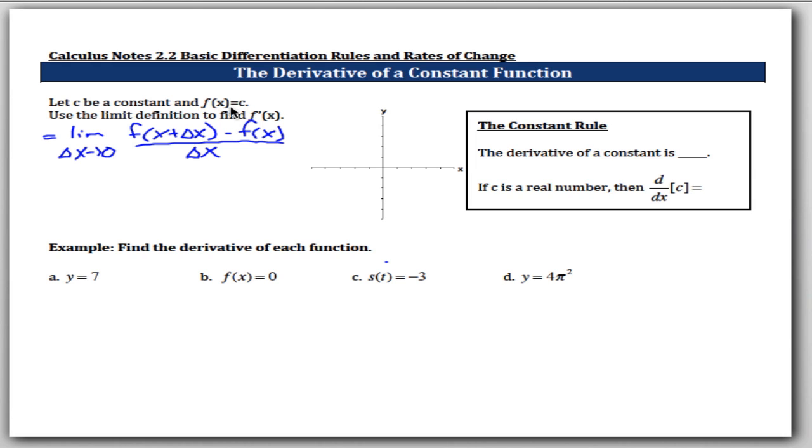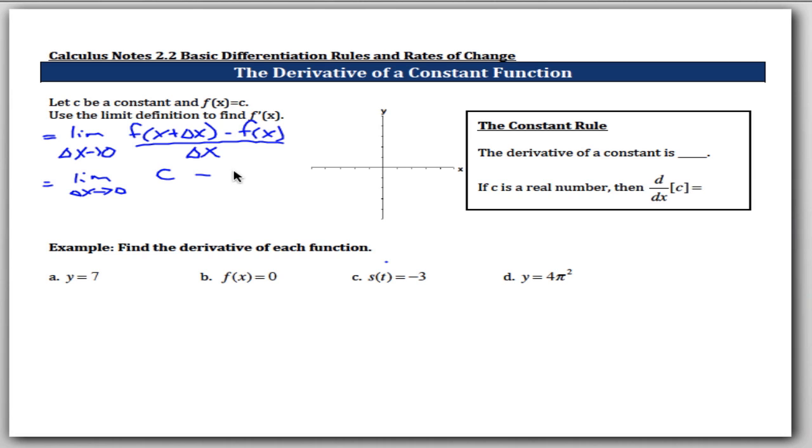And if f of x equals c, all we have to do is plug c into our equation for x. Now when we think about f of x plus delta x, if f of x always equals c, then this is going to equal c as well.